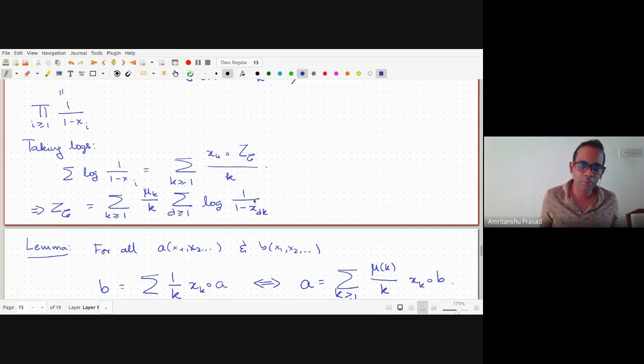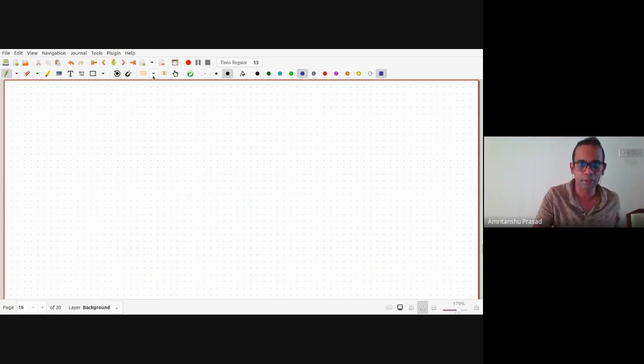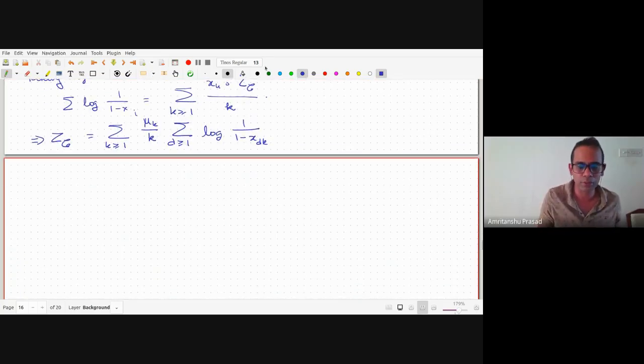And now if you compute the coefficient of 1 minus x_n, then again you can write this as summation n greater than or equal to 1, and then you will have summation d divides n.